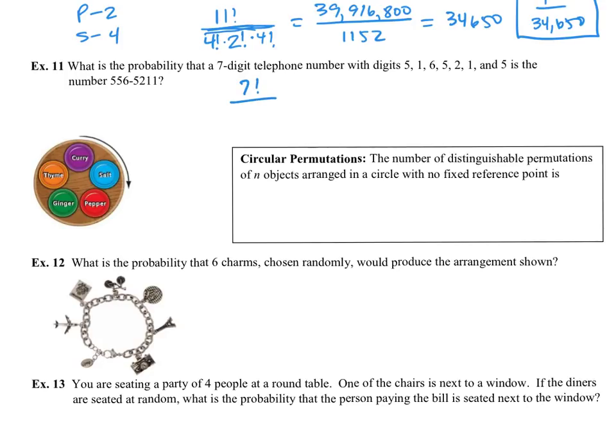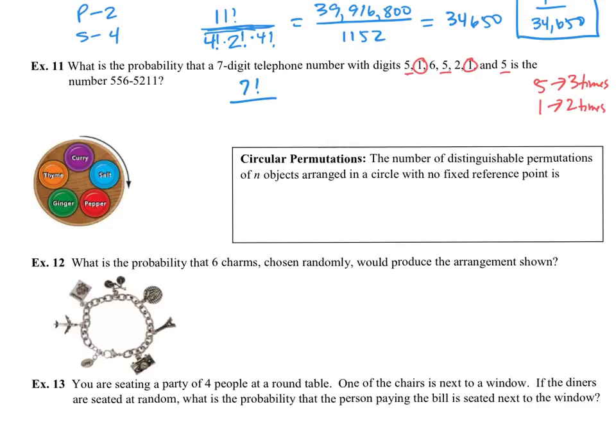And then in the denominator, we're going to find out what repeats. I see that 5 repeats 3 times, and also that the number 1 repeats 2 times.